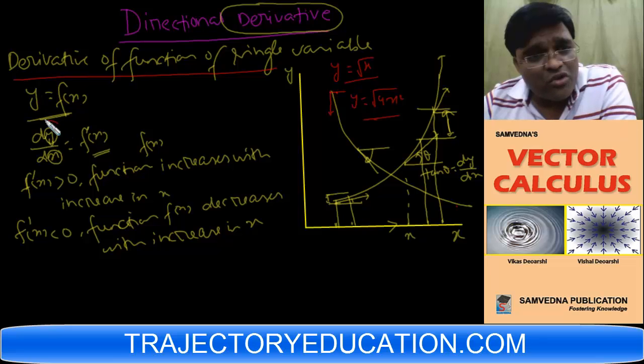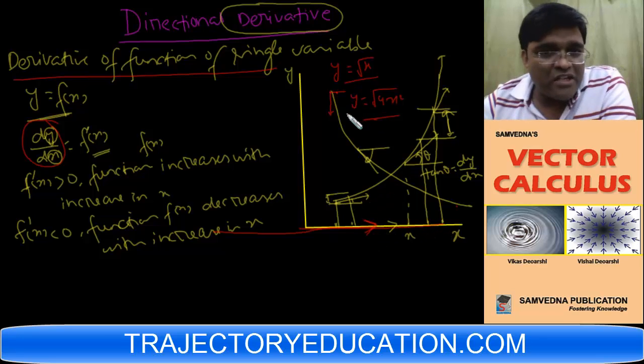The derivative gives you the rate at which the function changes, the rate at which y increases or decreases when you are moving along x. See, the domain over here is one dimensional, so you can move only along x. You can move towards positive x or towards negative x.